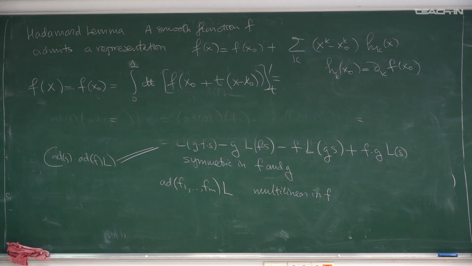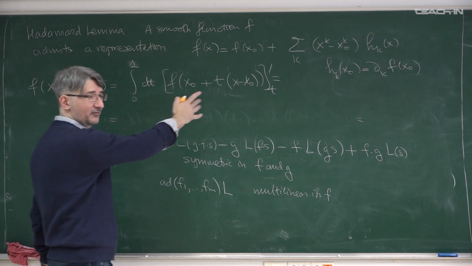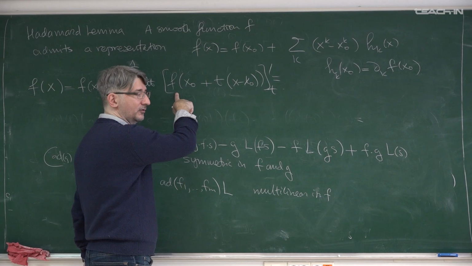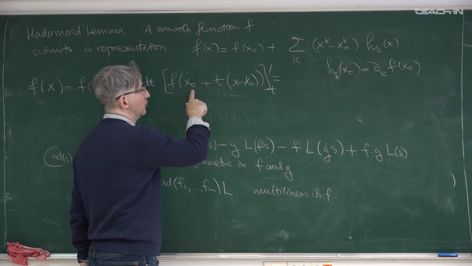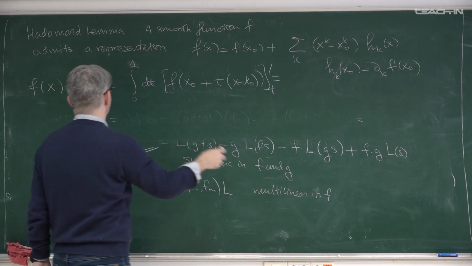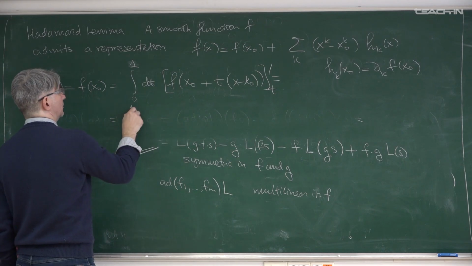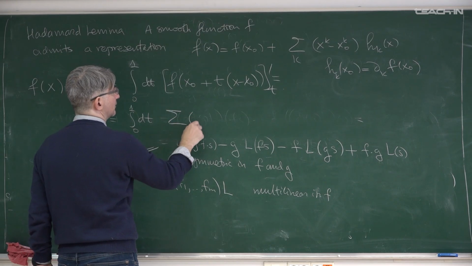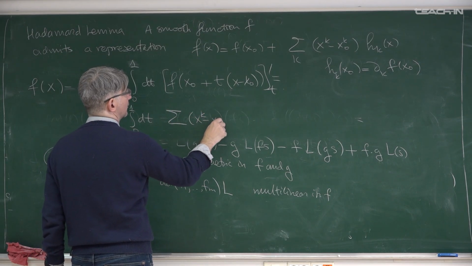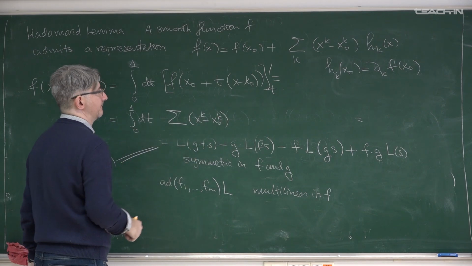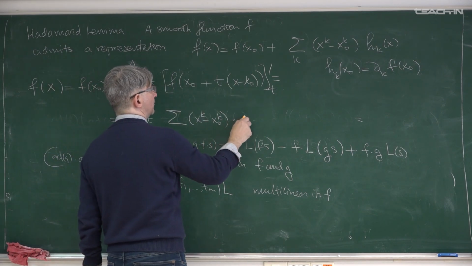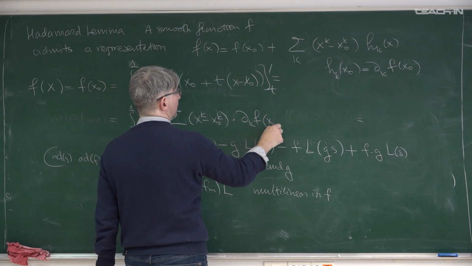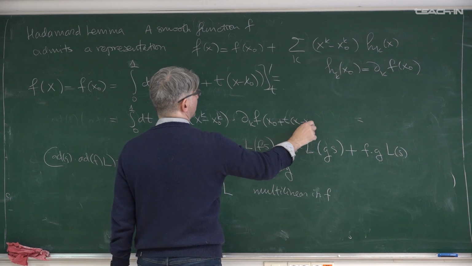It's a composition, a function of many arguments, and on each coordinate you have such an expression. So what you are integrating is the expression x_k minus x_k0 times the derivative d_k of f at x0 plus t times (x minus x0).